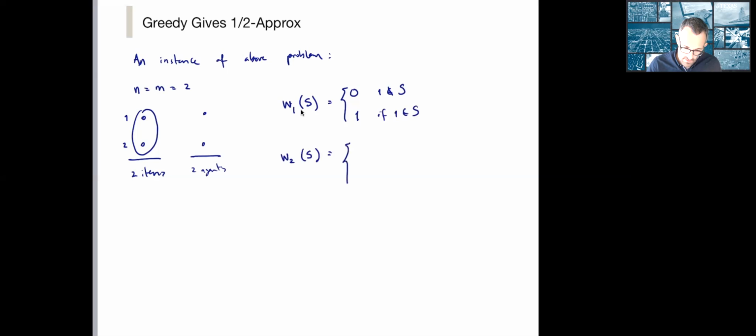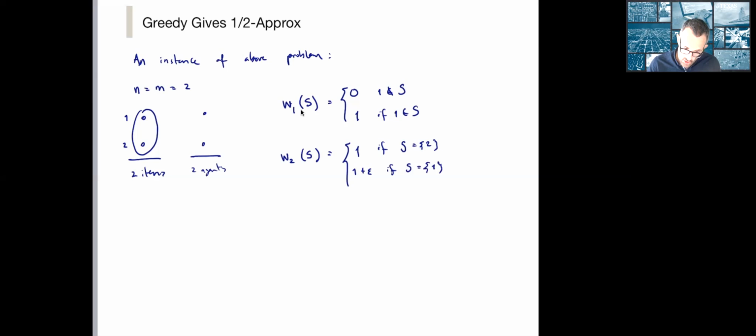Agent 2's welfare is 1 if she gets only object 2. It's equal to 1 plus epsilon if she gets only object 1.